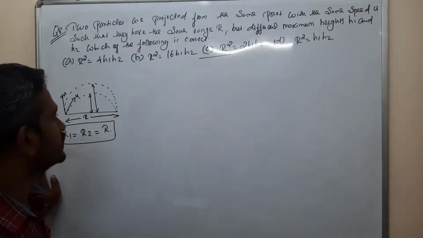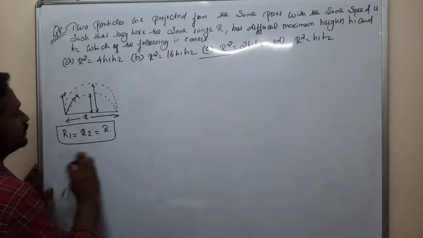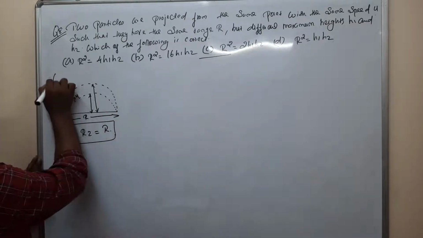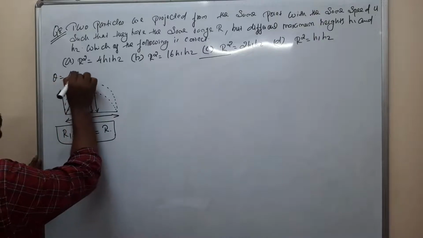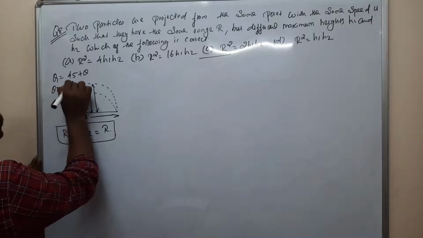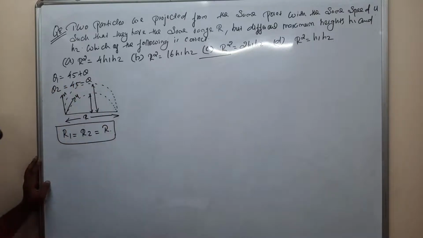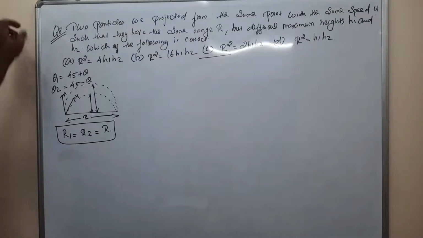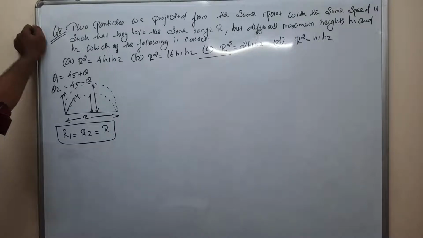The angle of projection theta 1 is equal to 45 plus theta, and theta 2 is equal to 45 minus theta. This is the condition. One projection must be at 45 plus theta and the other at 45 minus theta. Then only we will get the same horizontal range.